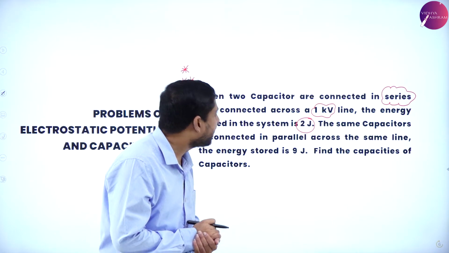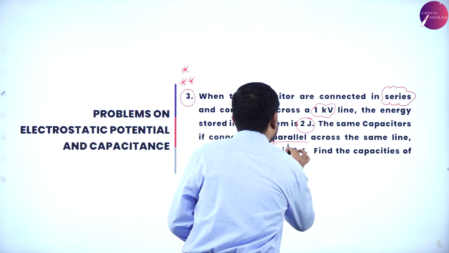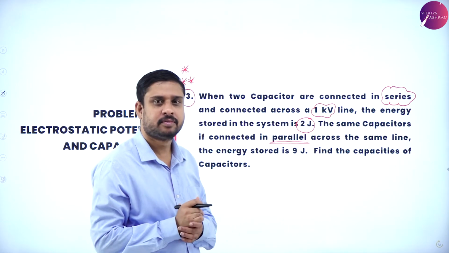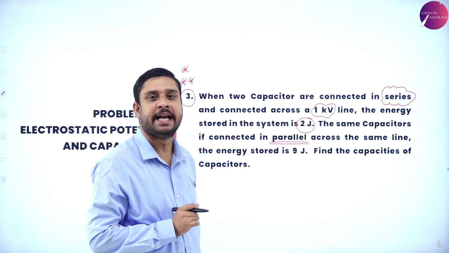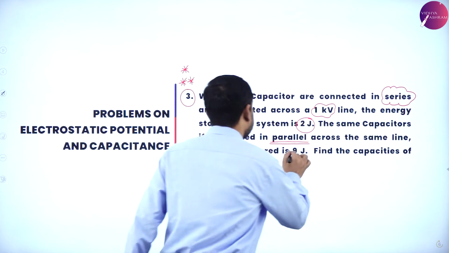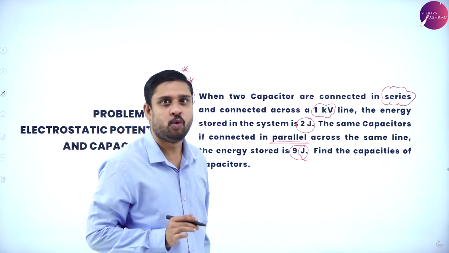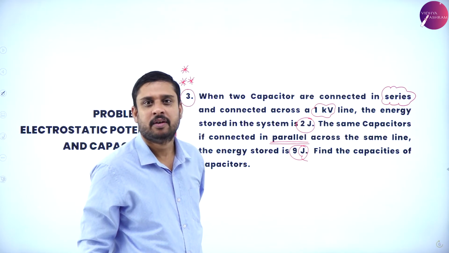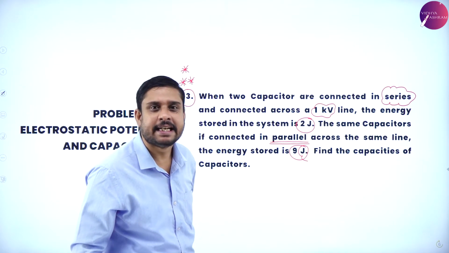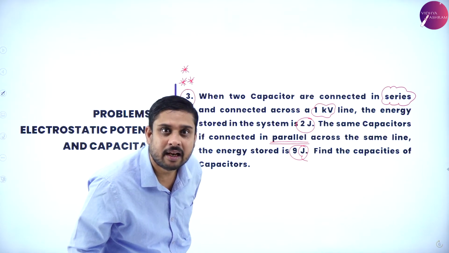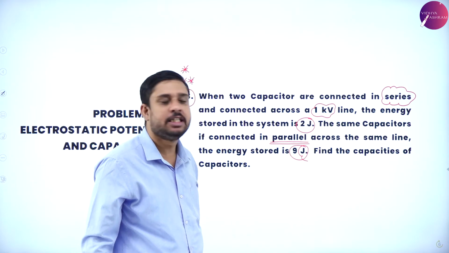When the same capacitors are connected in parallel and connected across the same line, the energy stored is 9 joule.